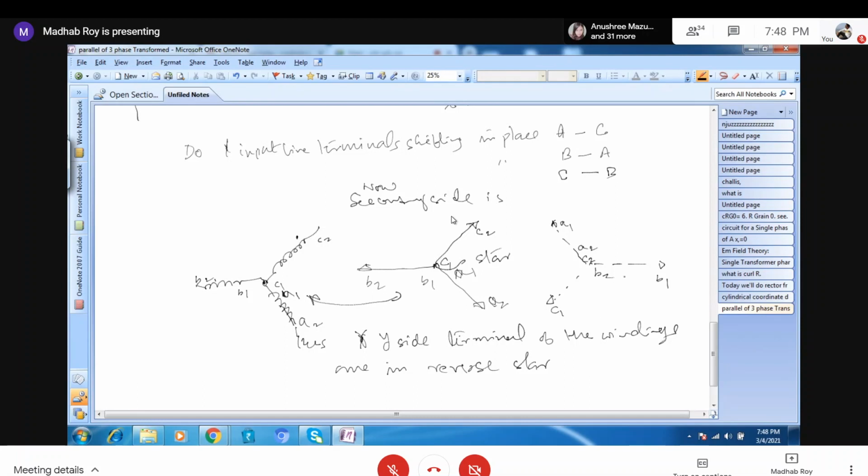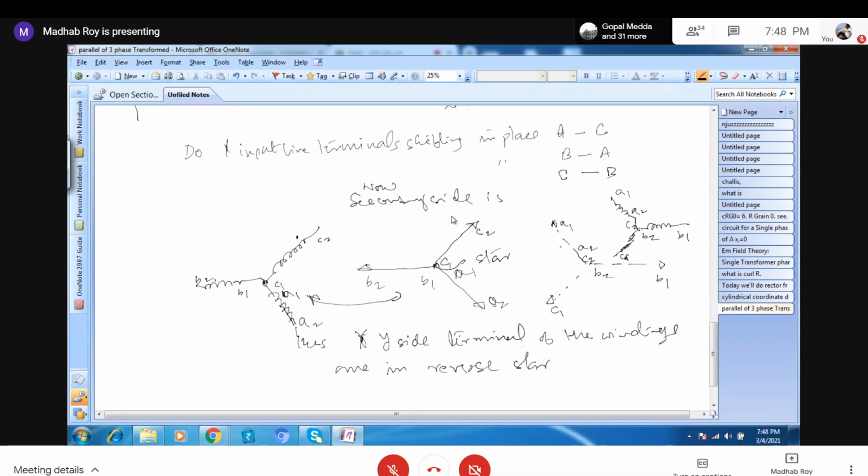Okay. Now for this, what have we connected? For this, we have connected this one as B2. This is B1, and this one is C1. This is C2, and this side is A2, A1.